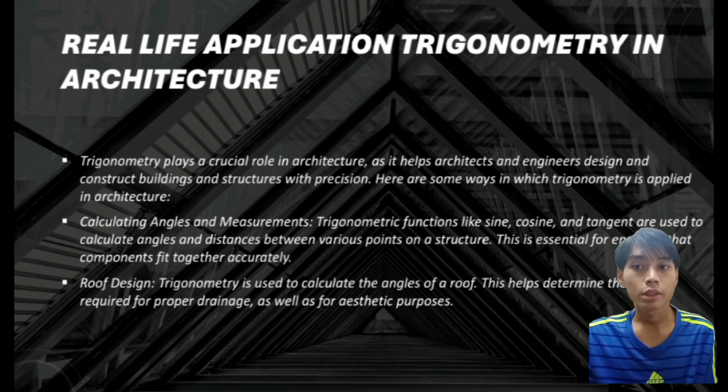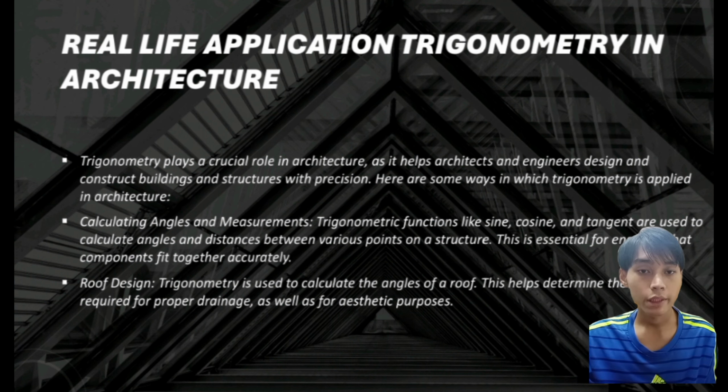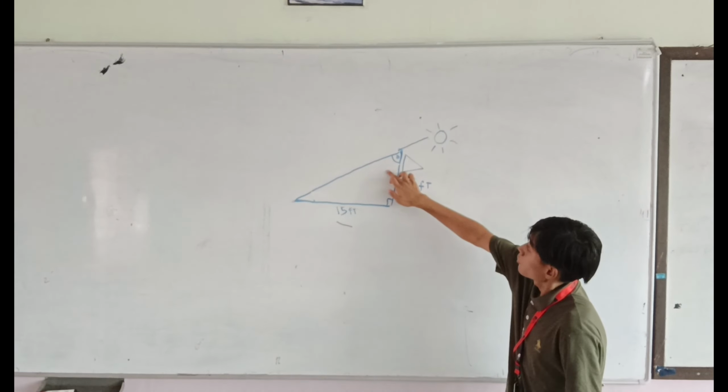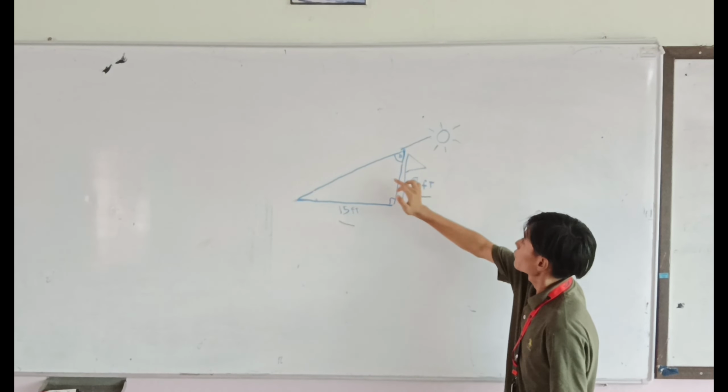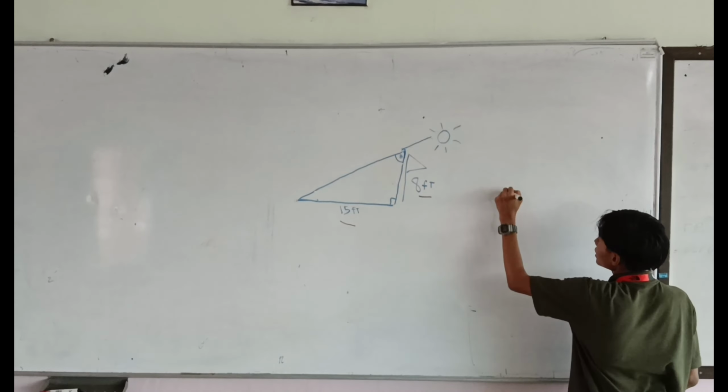Roof design. Trigonometry is used to calculate the angle of a roof. This helps determine the slope required for proper drainage, as well as for aesthetic purposes. We need to find this angle. We need to use the tangent, which is opposite over adjacent.